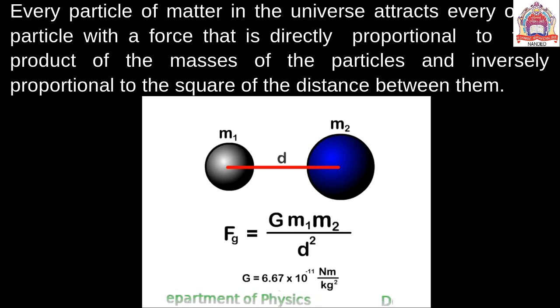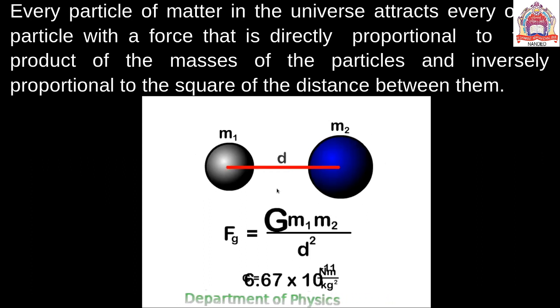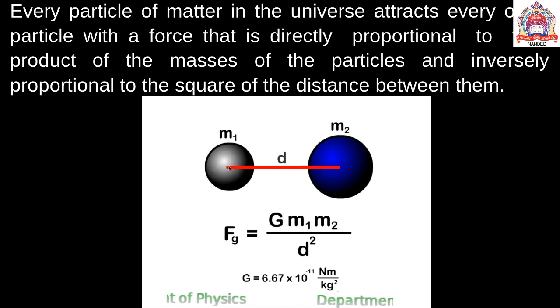Here, m1 is the mass of one object, and m2 is the mass of another object. They are apart by a distance d. So there is a force of attraction between them. As per our first slide, there is a force of attraction between the two objects with their masses.